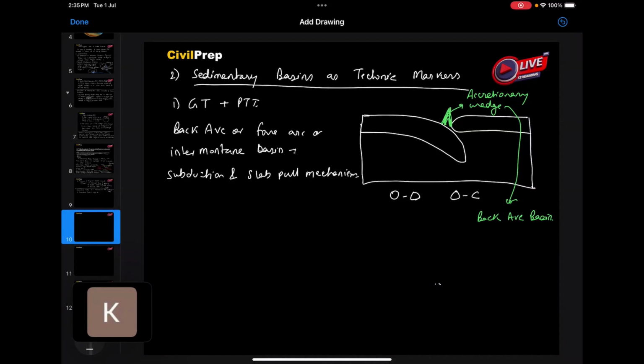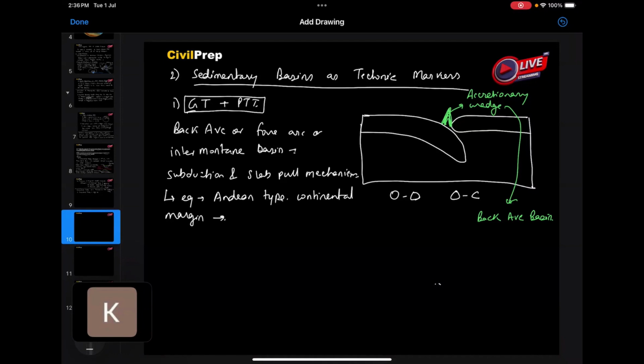An example for this is the Andean type continental margin, which is explained by both the geosynclinal theory and the plate tectonic theory.